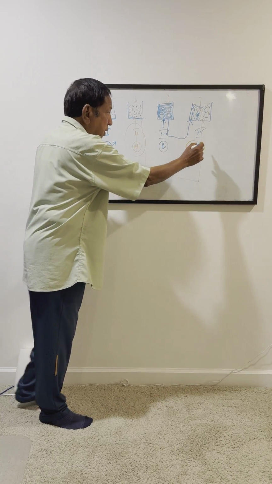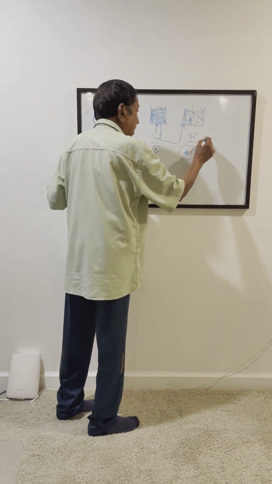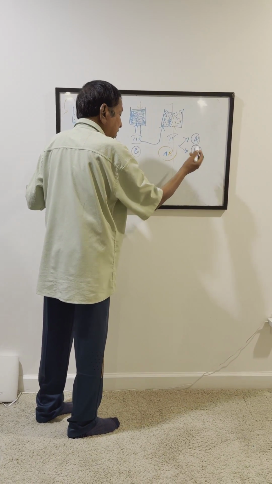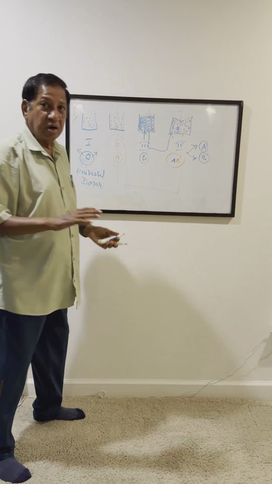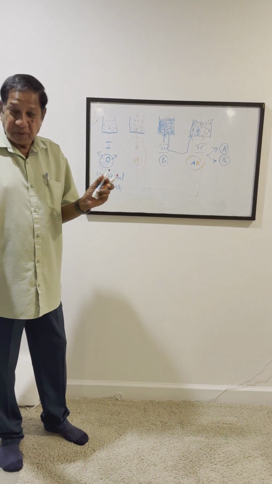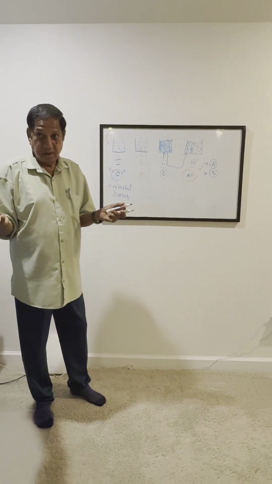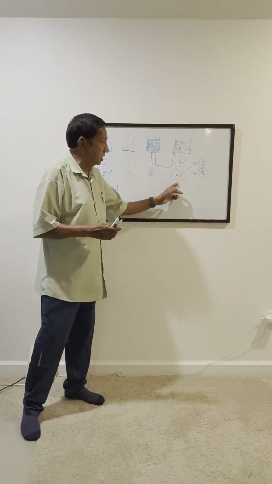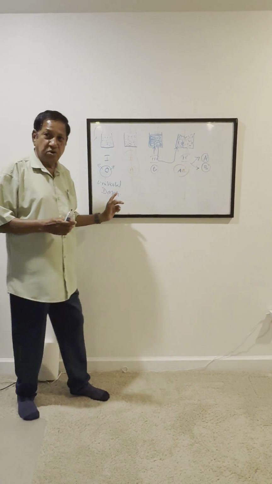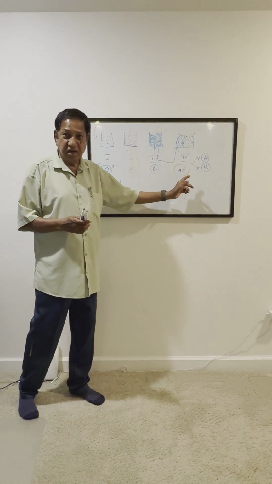Now, AB group has neither A antibody nor B antibody. That means it is not going to produce any antagonistic reaction, any action opposite. That is why it is referred to as universal recipient. Universal donor and universal recipient.